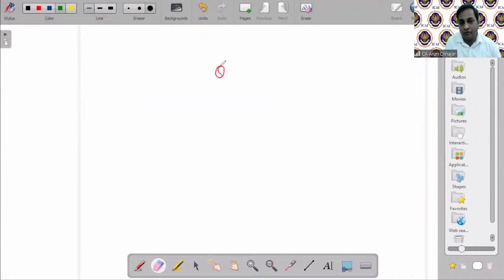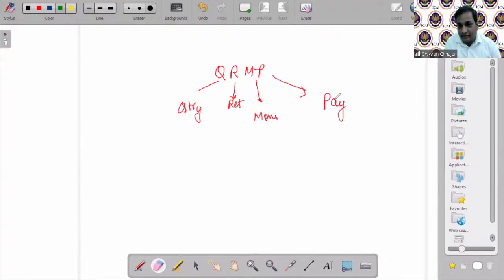Now, what is the QRMP scheme? QRMP scheme, full name, you all know, Quarterly Return Monthly Payment, meaning the taxpayer needs to file the return on a quarterly basis.